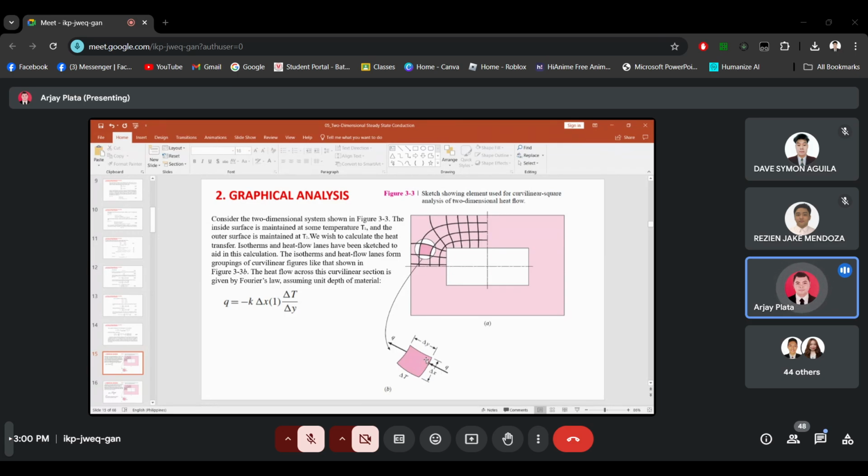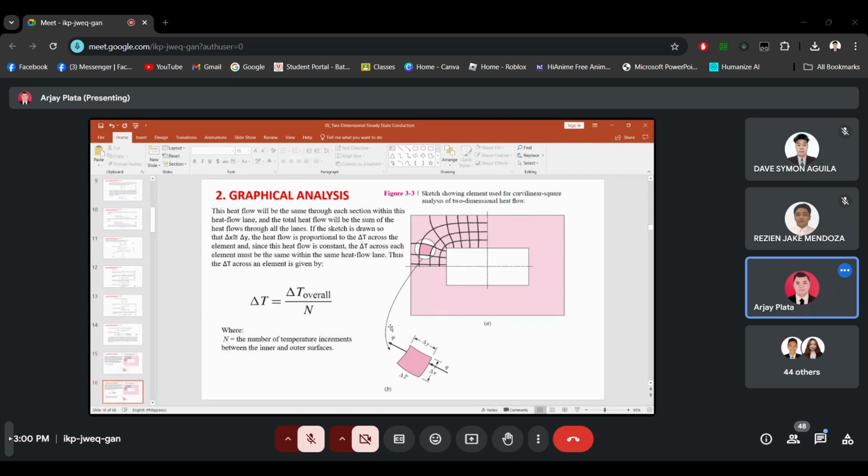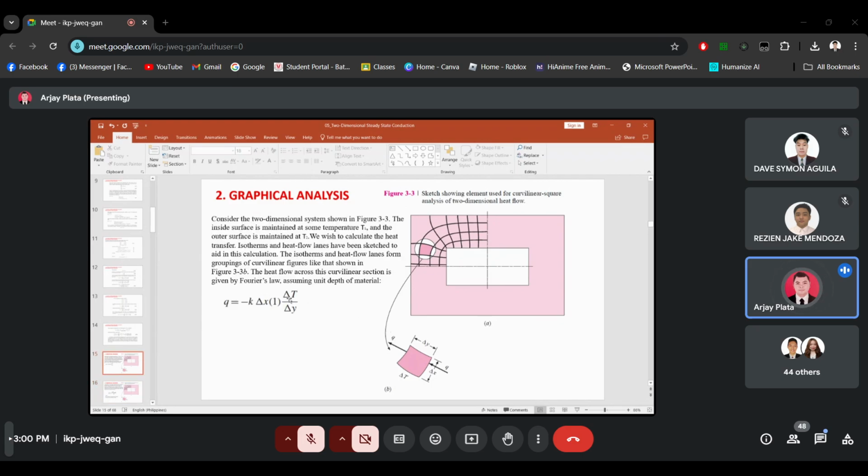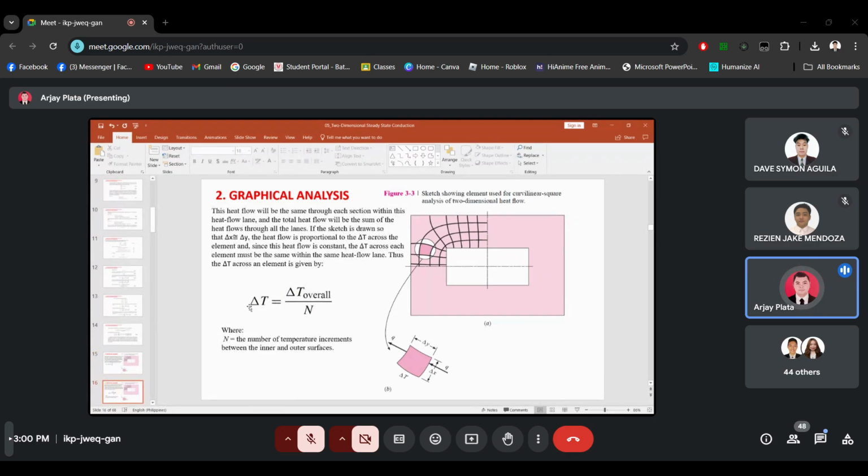So in order for us to get the value using graphical method, there are steps. For the delta T, delta T equals delta T overall over N. So we will use the delta T here. To get the value of delta T, we have delta T is delta T overall over N, where N is the number of temperature increments. Okay, so looking at this figure, how many N do we have?